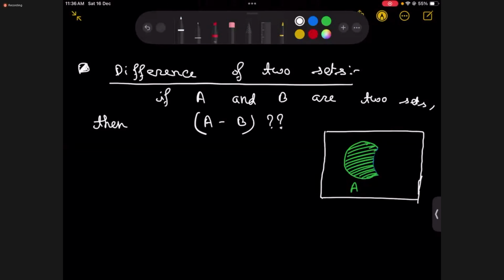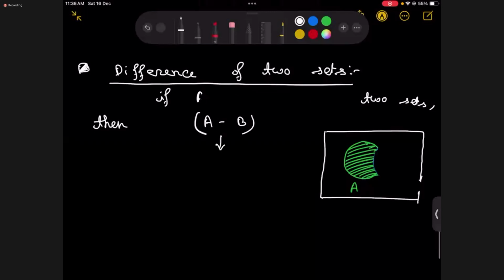This is our A minus B. So I hope you understand the diagram we have drawn. We are just eliminating those elements of A which are common in B. Okay. So we are subtracting, eliminating those elements of A.